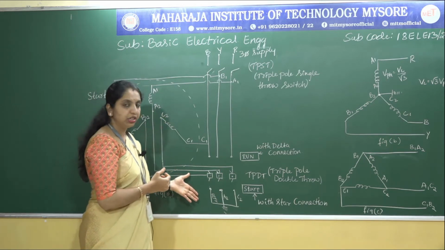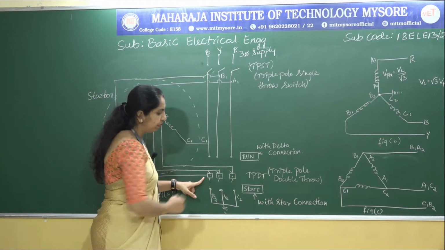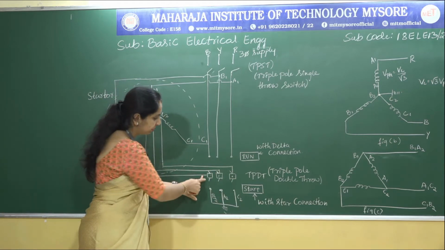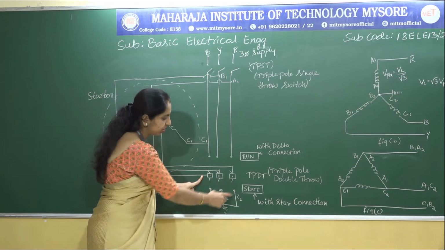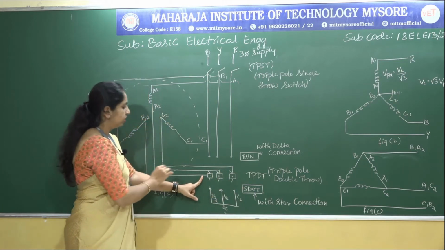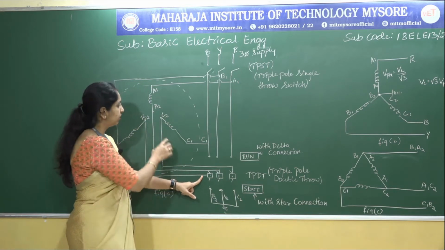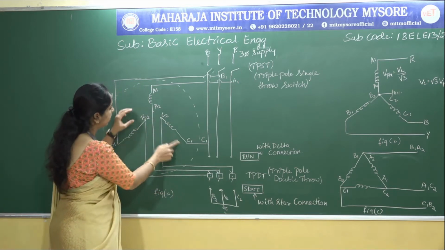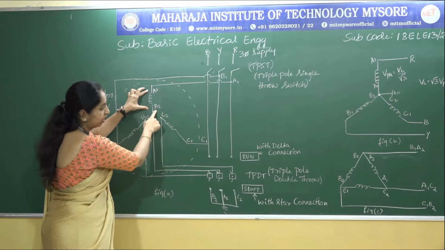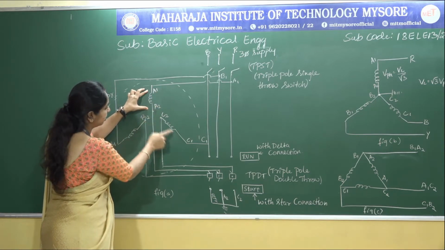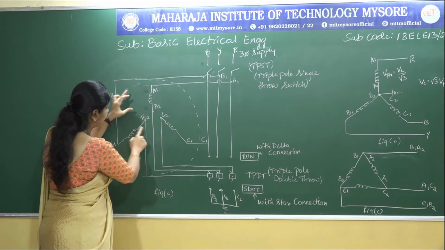Initially, remember that the TPDT switch is at the start position. When it is at the start position, it makes a star connection. You can observe how it becomes a star connection. There are three windings, and let us call one end of the winding A1 and the other end A2, and similarly C1, C2, and B1, B2.